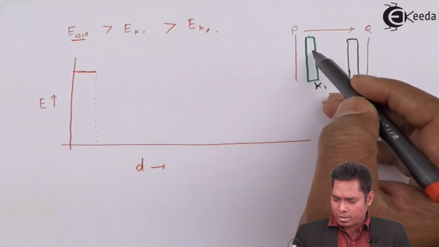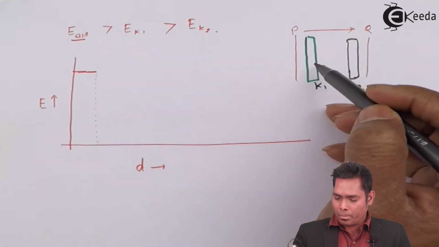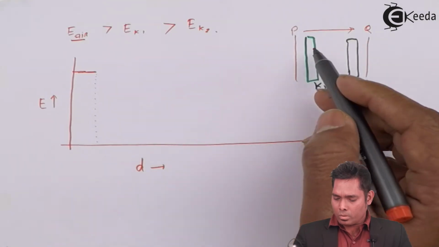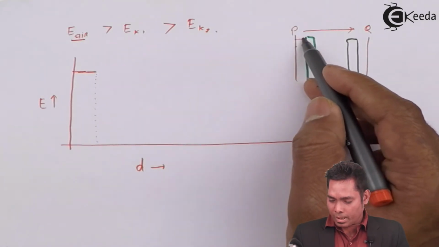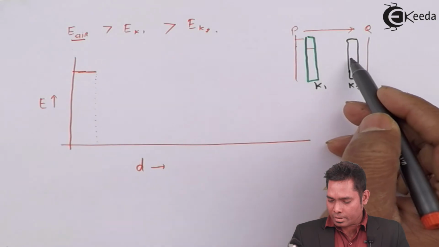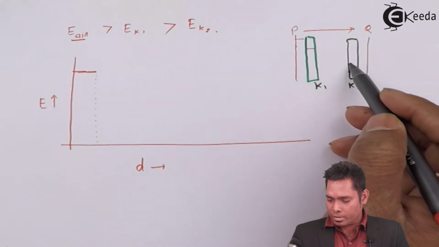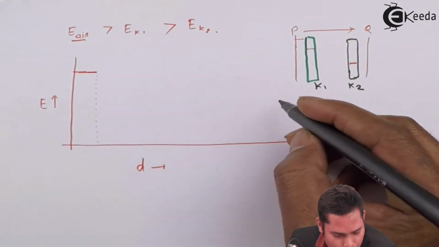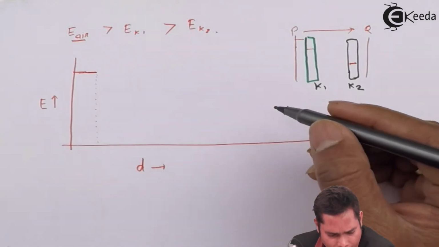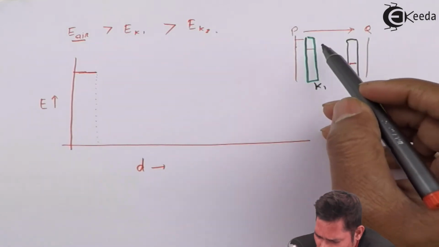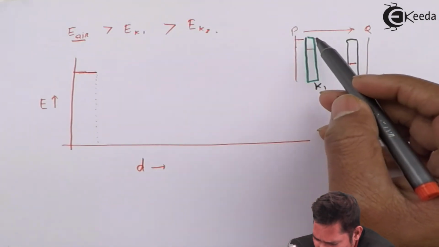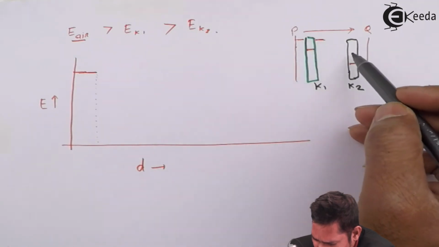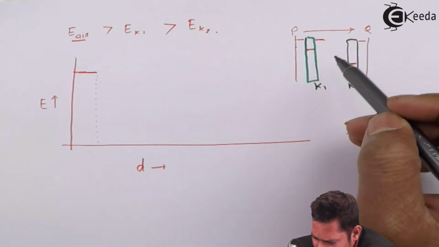So in this dielectric, the E will drop down because of the reciprocal value. If it is something like this here, something like this there, then something like this will be less than that. This way it will vary. From here to here is air, and then again it drops down, then air, then drops down, then air.